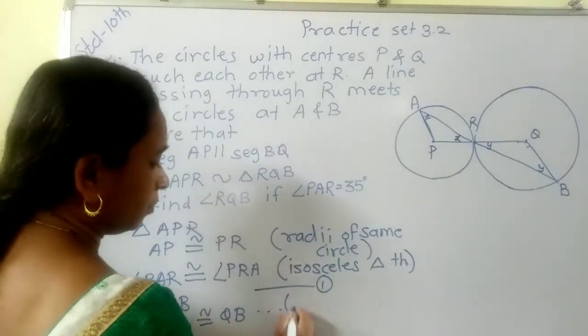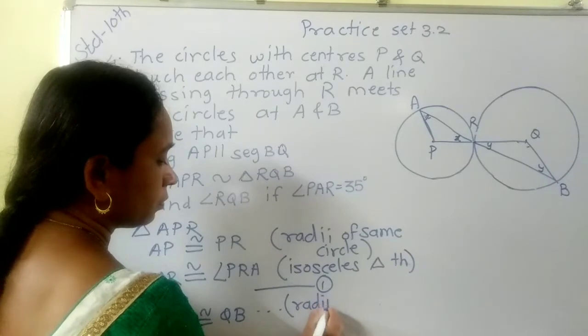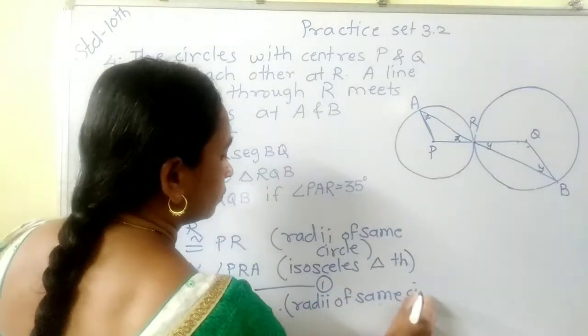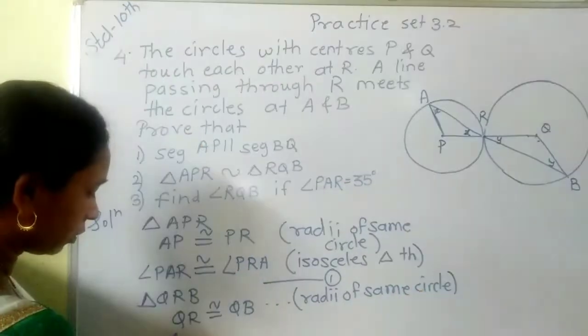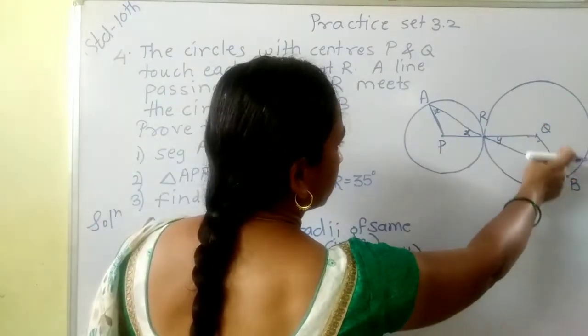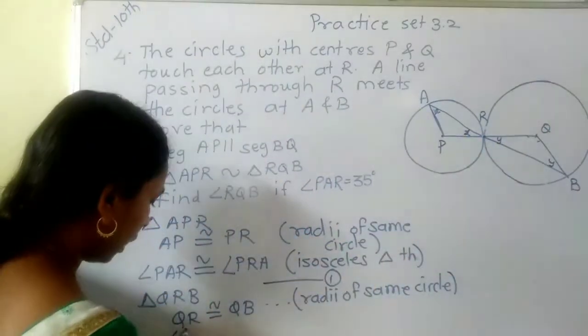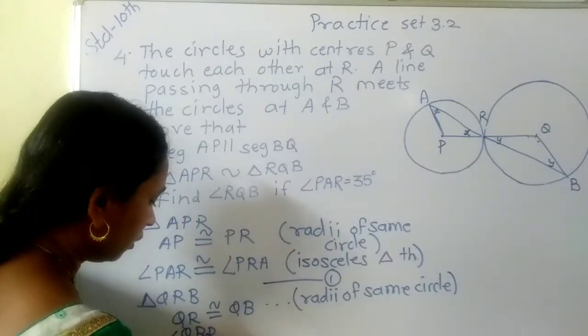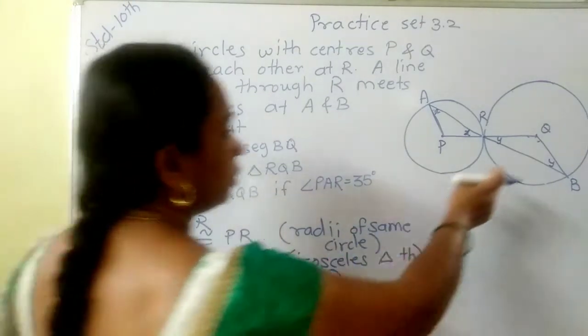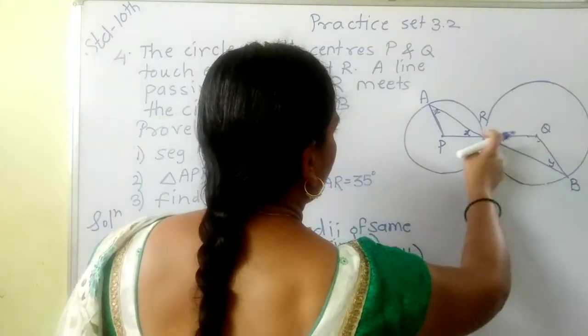The reason is the same, radii of the same circle. Their opposite angles: QR's opposite angle is this one, QBR. Angle QBR is congruent with angle QRB, which is opposite to QB.